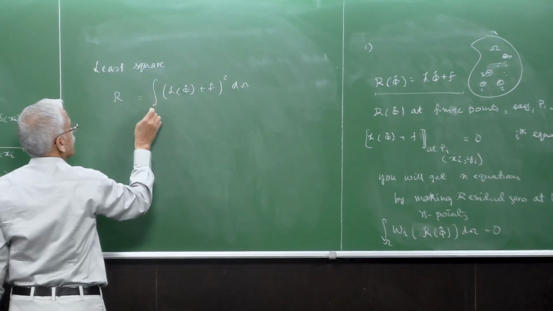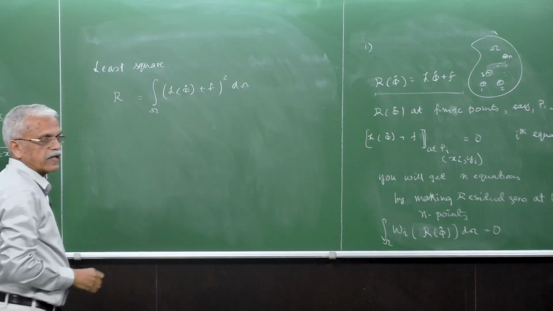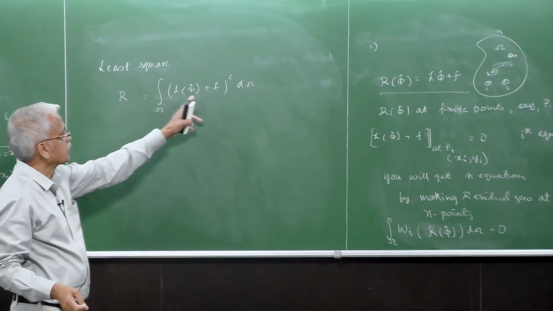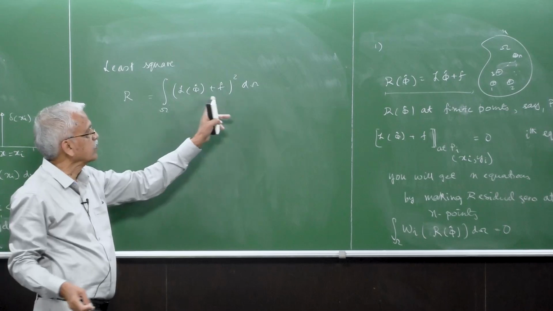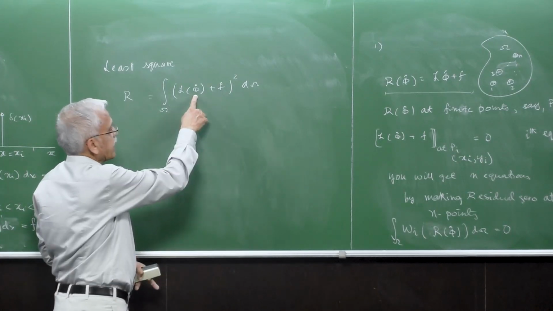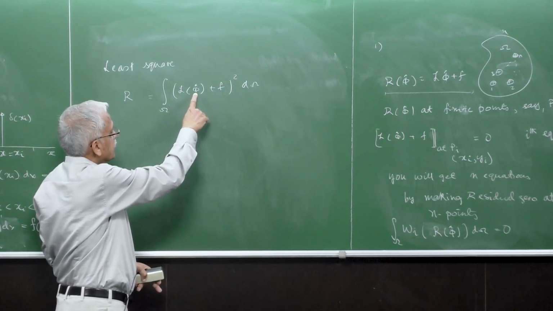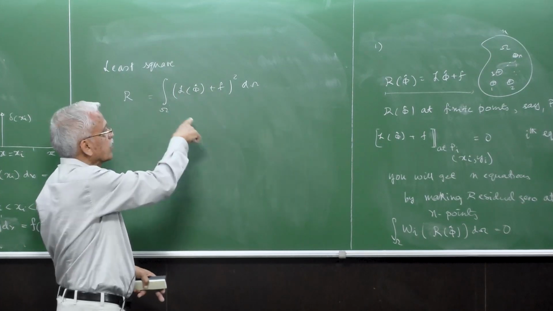So this is the square error, and with the residual being non-zero in the domain, you have a positive value.